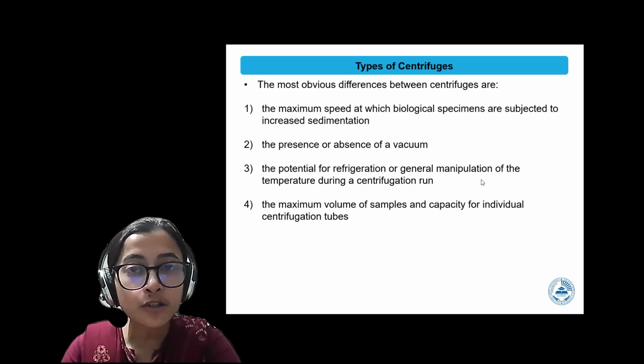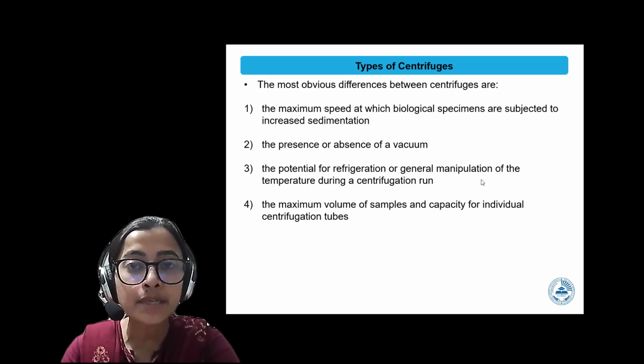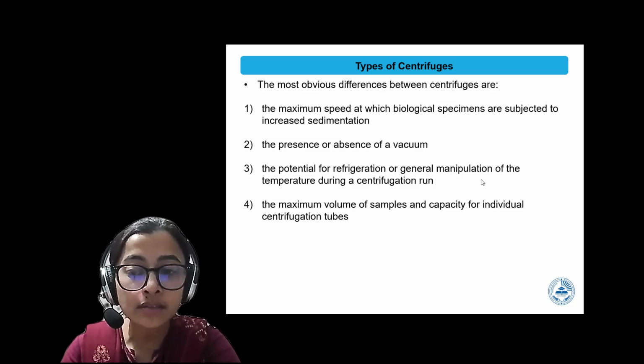Temperature control is also crucial. Some centrifuges are refrigerated, allowing sensitive biological samples to be processed without degradation. Additionally, centrifuges differ in their sample capacity, including the number and volume of tubes they can accommodate.